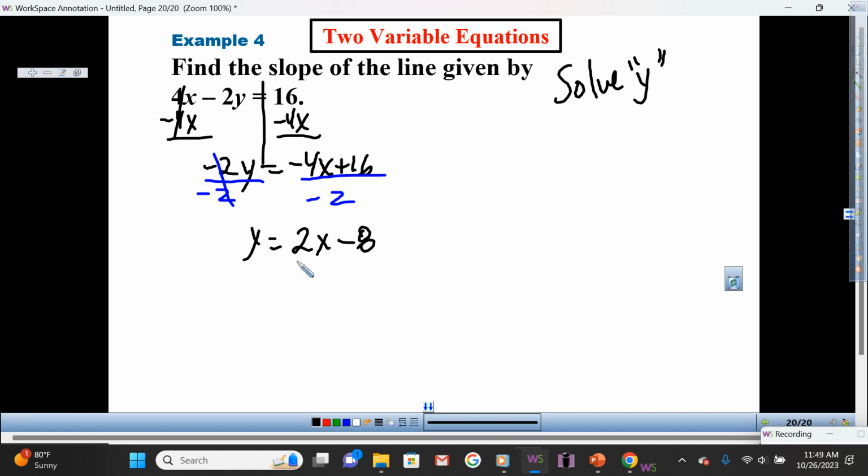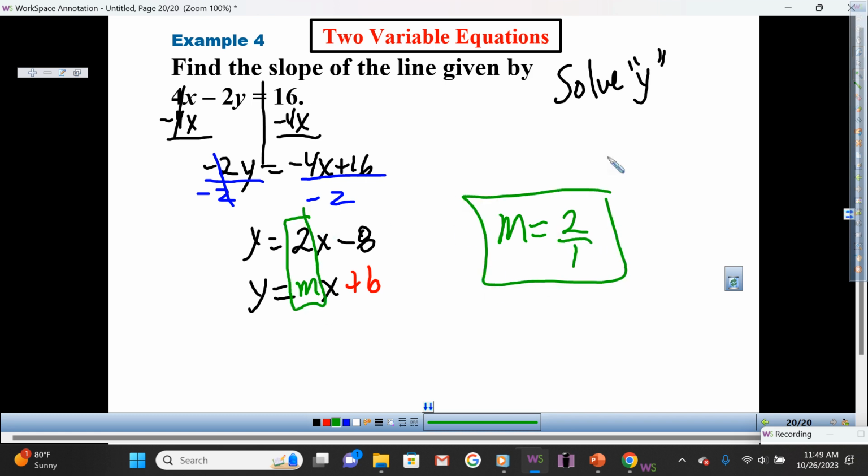Therefore, once you get to that form, you write underneath y equals mx plus b. Therefore, tell your neighbor the slope of that equation, that line. Everyone. 2, yes, because it matches right there. Or you can write it in fraction form, 2 over 1.